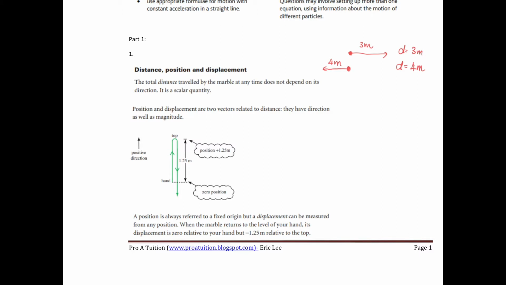But position is different. For position, you must start from a fixed origin. So position here is positive 1.25, position here is 0. That is the difference between position and displacement.